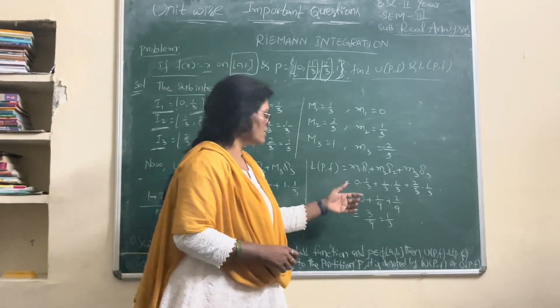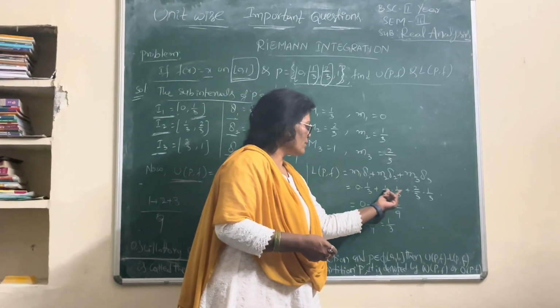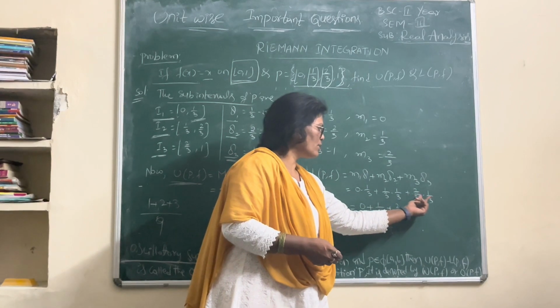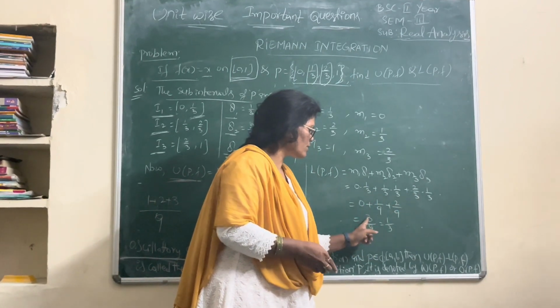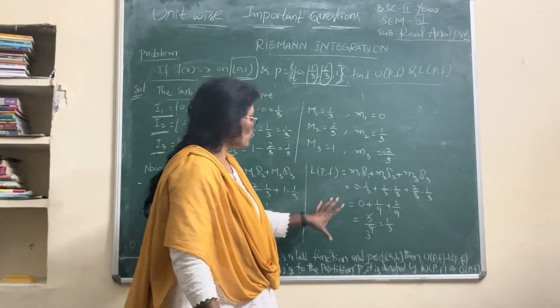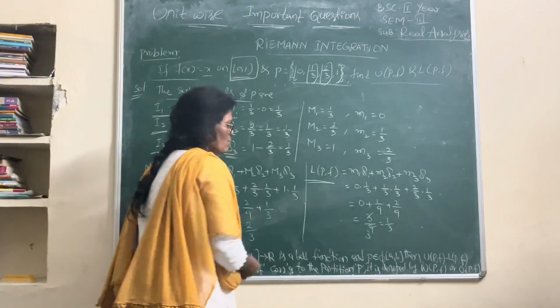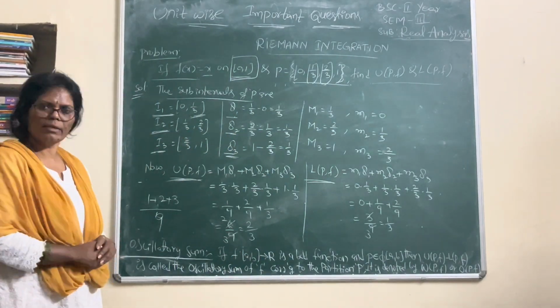Simplifying, 0 into 1 by 3 is 0 only, 1 by 3 into 1 by 3 is 1 by 9, and 2 by 3 into 1 by 3 is 2 by 9. Here the LCM is 9, 1 plus 2 is 3, and 3 1s are 3, 3 3s are 9, so 1 by 3. So what we are getting here: the lower Riemann sum is 1 by 3, and the upper Riemann sum is 2 by 3.